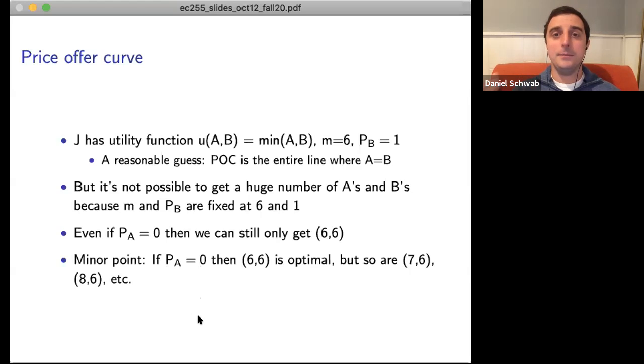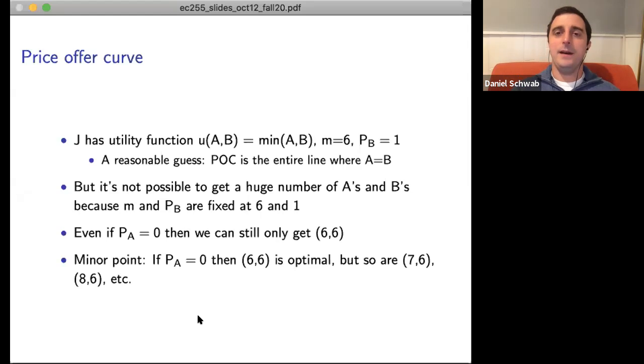You spend all your money, you maximize your utility. 6, 6 is optimal, but 7, 6 is also optimal, right? Apples are free. It's not that the 7th apple doesn't give you any utility, but it's not costing you any money. So you want 6, 6, you want 7, 6, you want 8, 6. All of those are optimal.